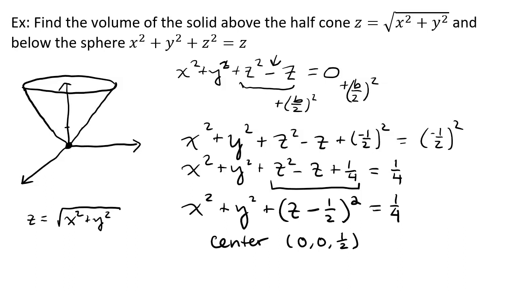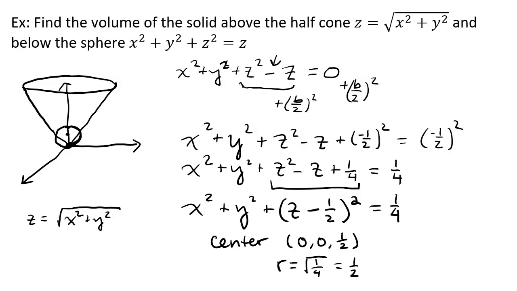And then my radius: it all equals r squared, so it's the square root of 1/4, which is 1/2. So the center of my sphere is right at 1/2. When we draw that sphere, it has a radius of 1/2, so it's going to have intercepts at the origin and at 1.